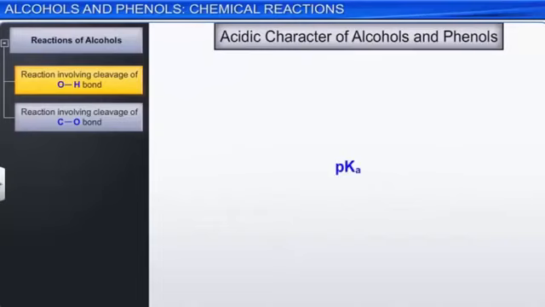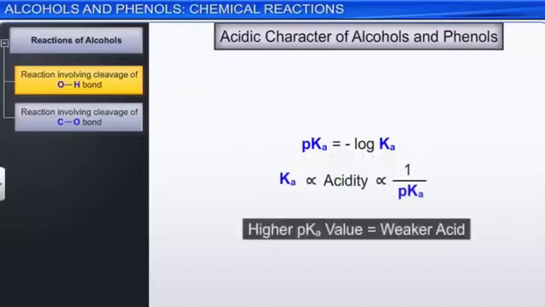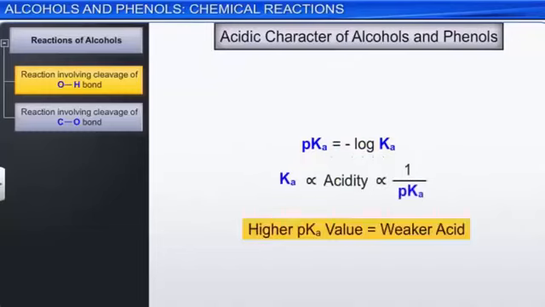The pKa of any acid dissociation constant is defined as the negative log of the Ka value. Since pKa is a logarithmic function, as the Ka increases, as acid strength increases, the pKa value decreases.